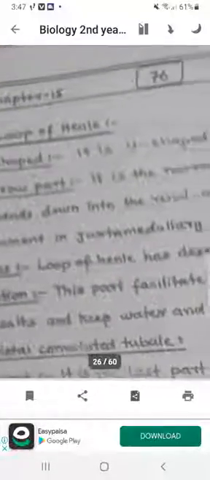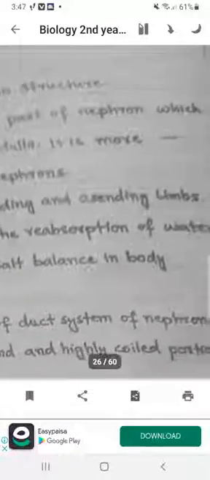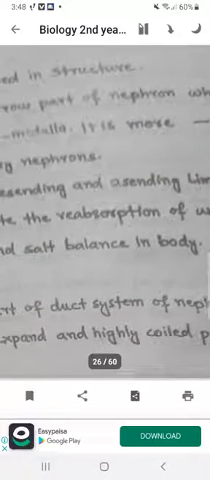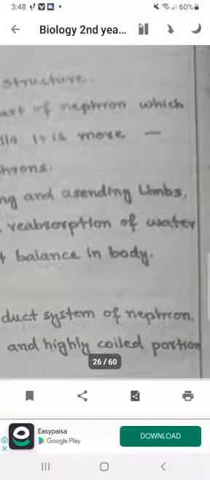Number 2. Loop of Henle, U-shape. It is U-shaped in structure. Narrow part. It is the narrow part of nephron which descends into the renal medulla.